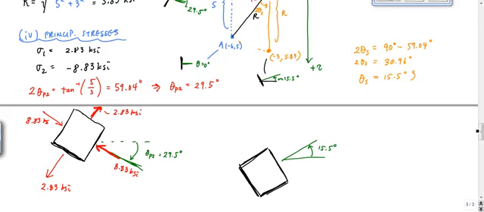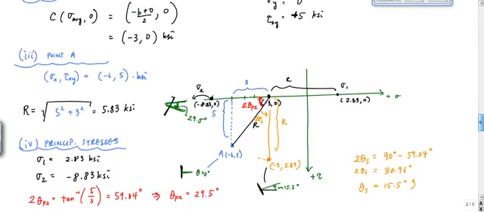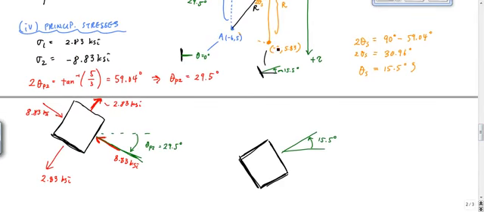And on that face, I would have a normal stress of -3 KSI. That means a compression of 3 KSI. And then a shear stress of positive 5.83 KSI.